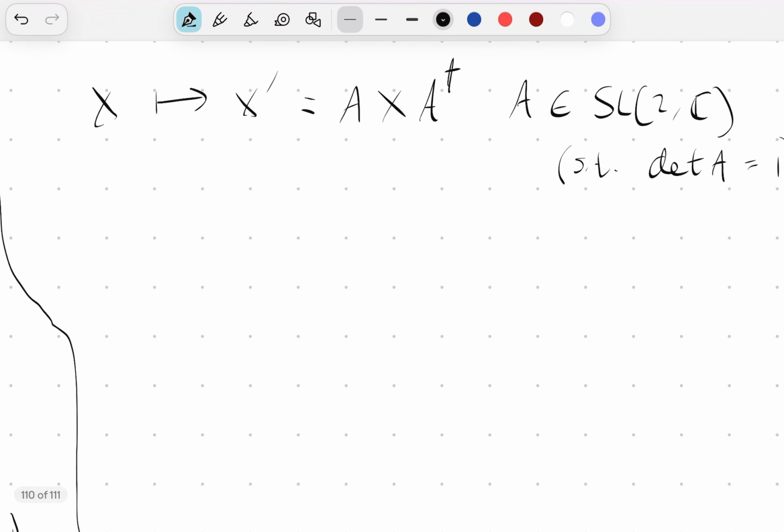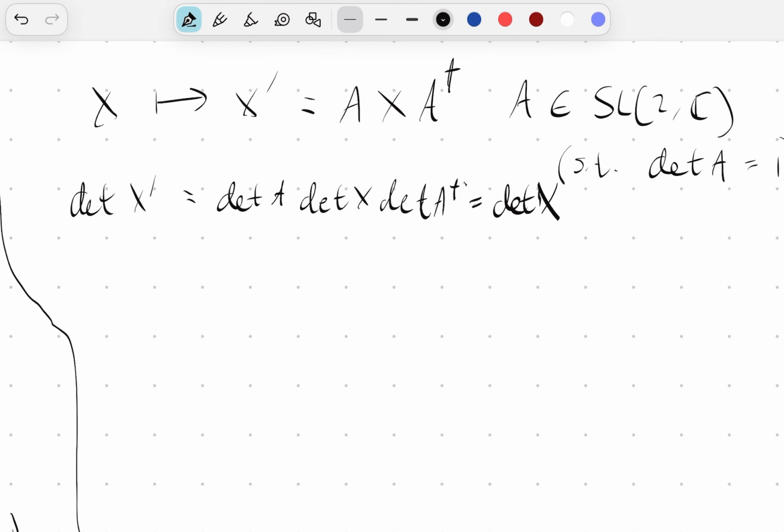All right. So without having to compute anything, we can say the determinant of x prime should give us the determinant of A times the determinant of x times the determinant of A dagger, which should give us the determinant of x.